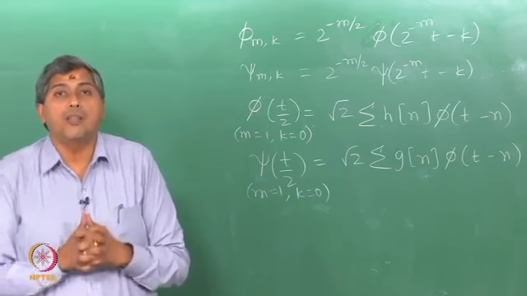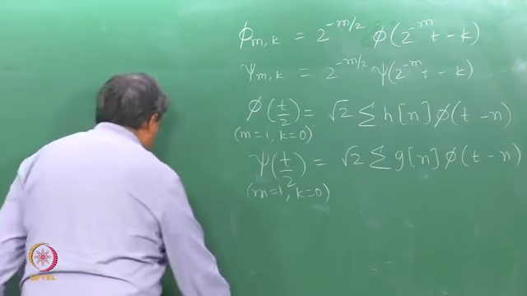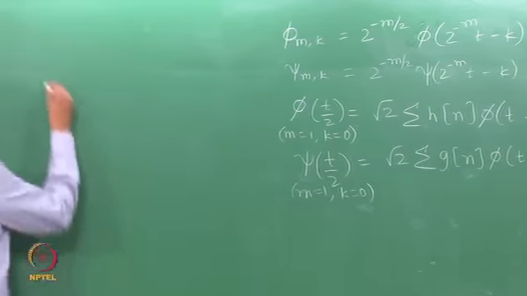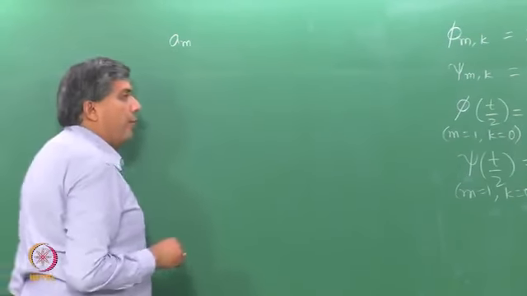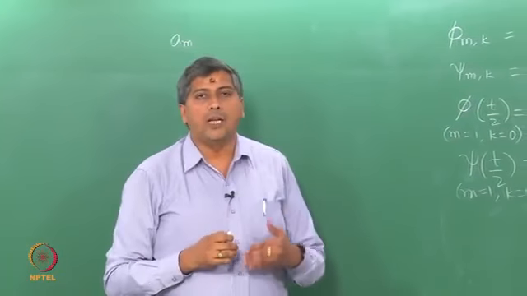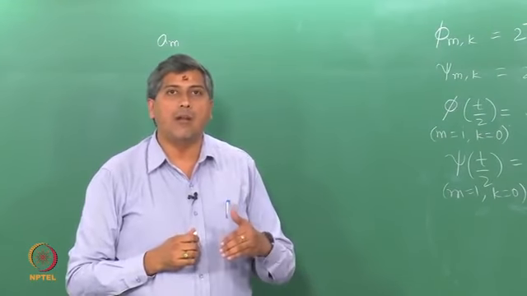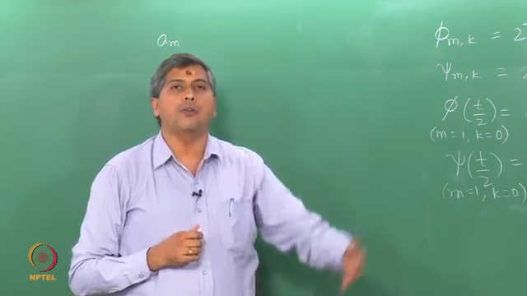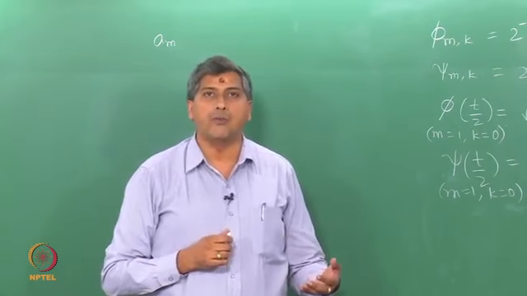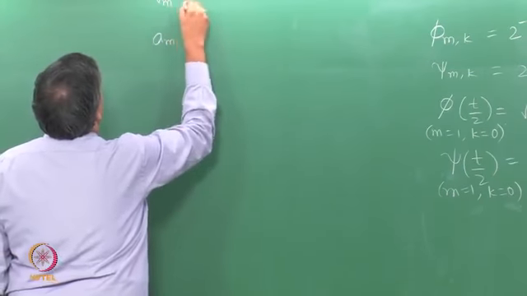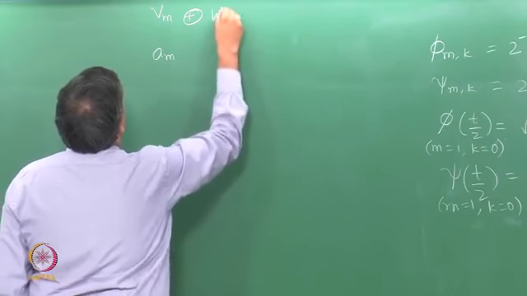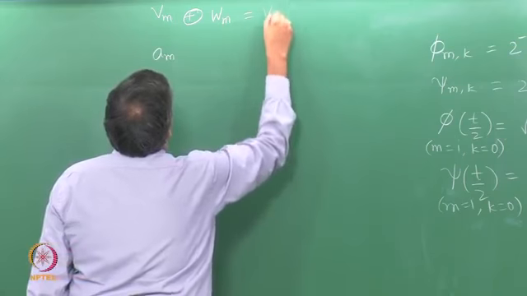That is how. So, what is the key idea? The key idea is I start with equation 16 because I want to compute A m, that is the approximation coefficients at level m given the approximation coefficients at level m minus 1. Remember, we know that V m and W m put together give me V m minus 1.